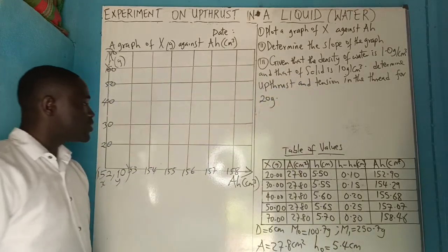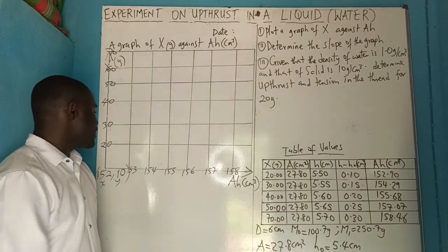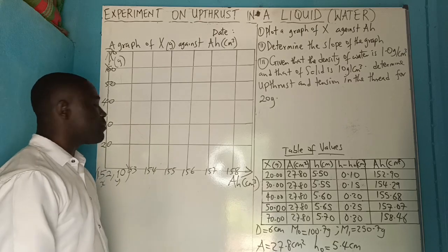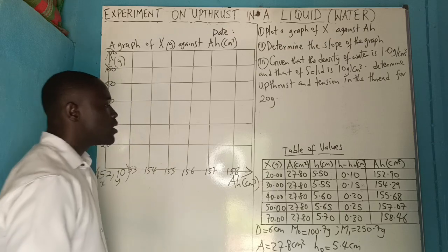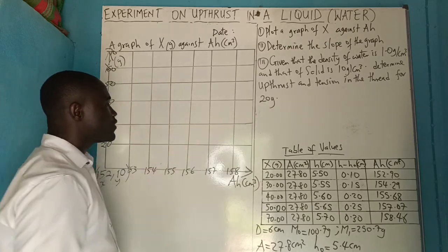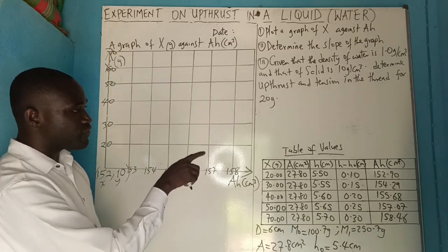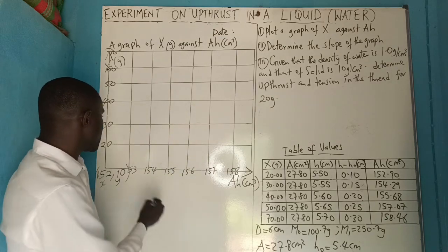Okay? Now, you see, it's not all the time we will say 0,0. That is just a point we have to emphasize here. 20 against 153. 152.9 approximated to 153.